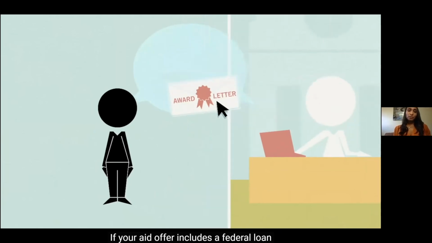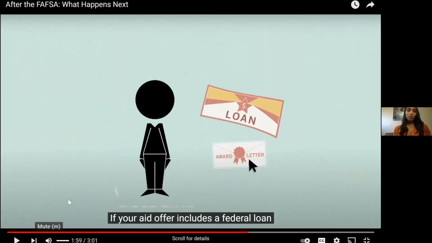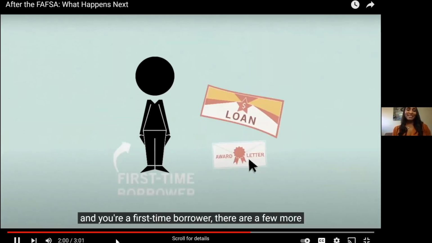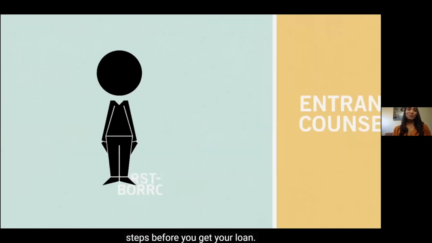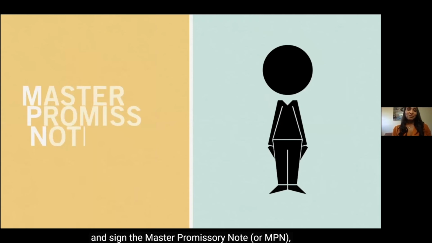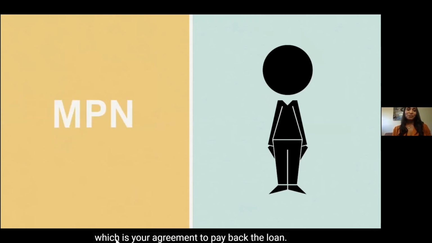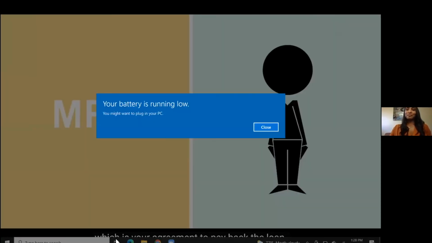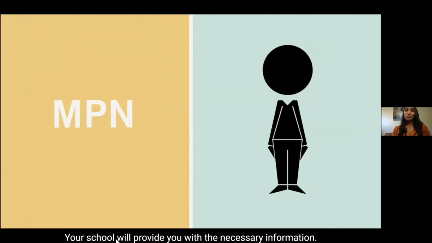If your aid offer includes a federal loan and you're a first-time borrower, there are a few more steps before you get your loan. You'll need to complete entrance counseling and sign the Master Promissory Note, or MPN, which is your agreement to pay back the loan. Your school will provide you with the necessary information. So how do you get your money?